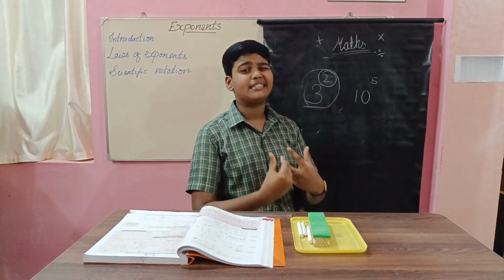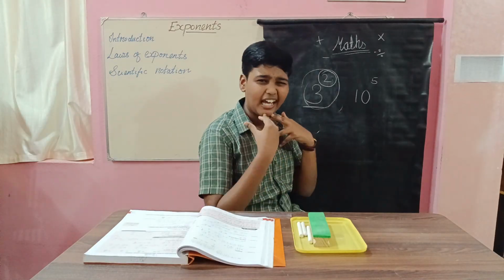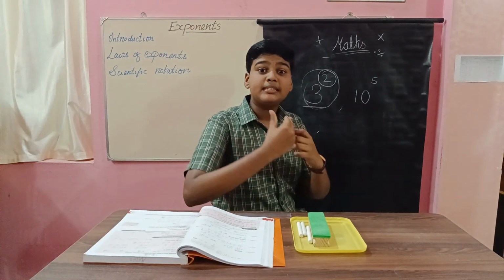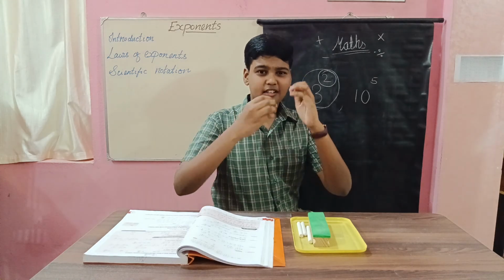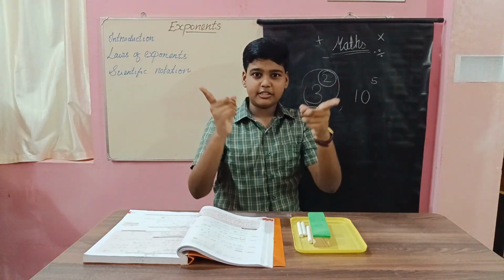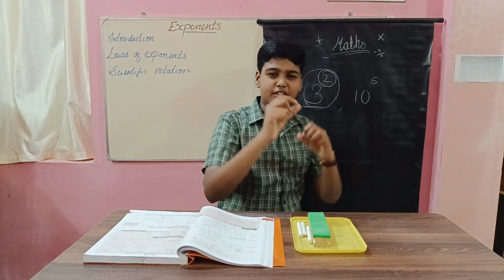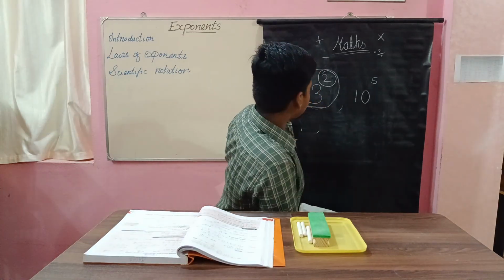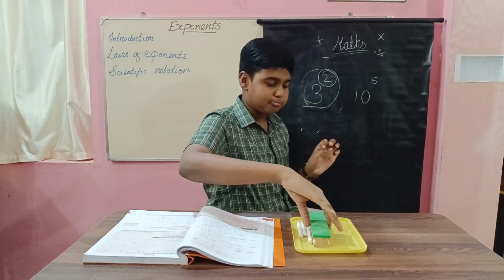It's very vital, though not used in daily life as much, but it's a very important topic. It makes us simplify a big number into small bits like that. It's very easy. So this is known as exponents.